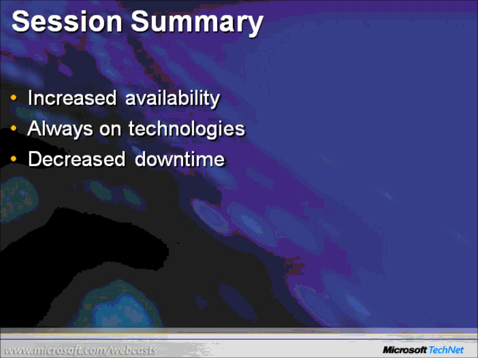So as we wrap up today's session, we're looking at implementing increased availability to take advantage of different features such as database mirroring. We can configure database mirroring to apply changes to the mirror in real time or near real time. Again, synchronous versus asynchronous. We allow you to specify the level of protection and the performance overhead on the system.